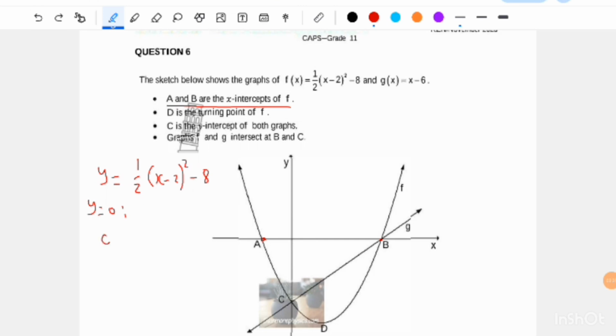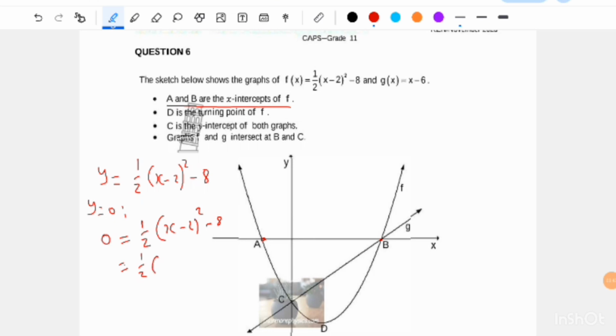So in our equation, we say y is equal to 0. So 0 is equal to 1 over 2 (x minus 2) squared minus 8. Now we simplify. Remember, when you simplify, you start with what's inside the brackets. Remember, BODMAS, brackets first.